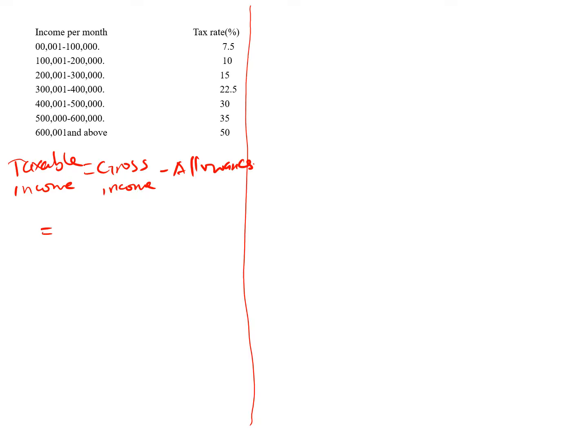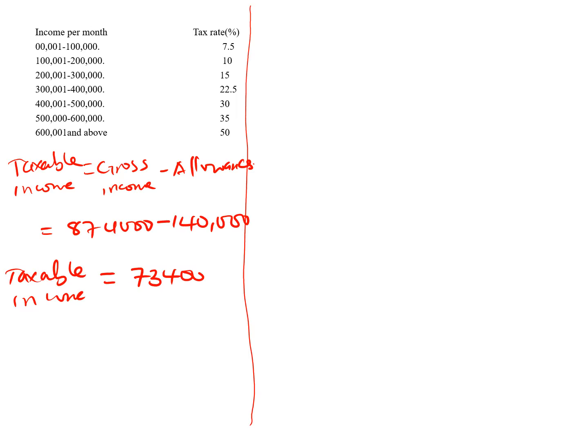But I have gross income as 874,000 minus 140,000 shillings. Then we shall have our taxable income as 734,000, and this will be our taxable income.